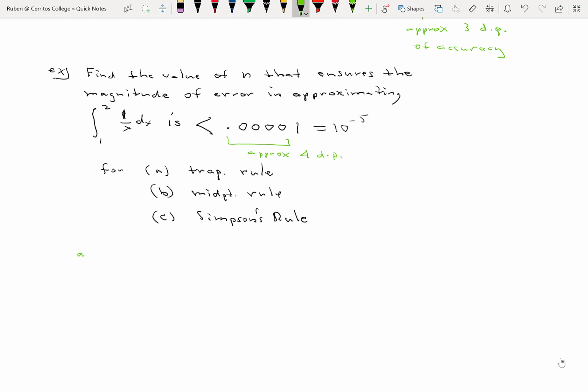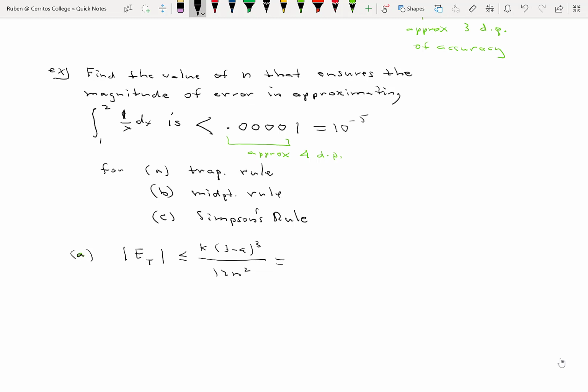So for part A, the magnitude of the error using the trapezoid rule is no bigger than k times (b minus a) cubed over 12n squared.